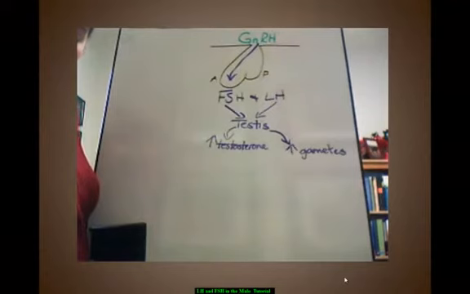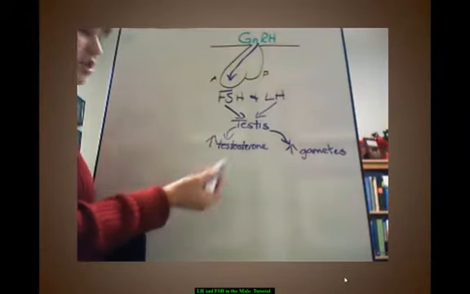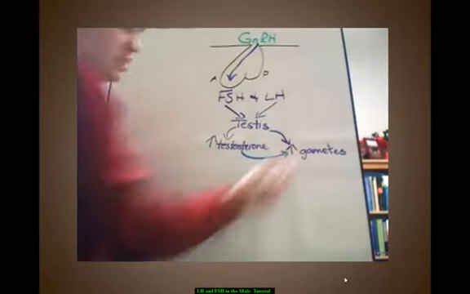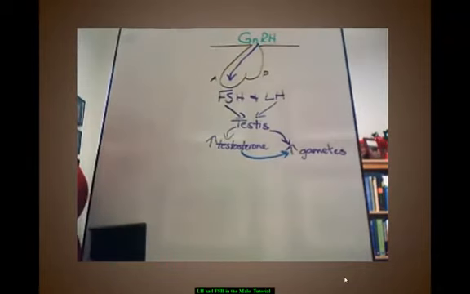Now, it's important to note that sperm production is partially dependent upon testosterone function, so the testosterone itself will also cause the formation of gametes. Interestingly enough, there is a paracrine signal in the testes. Now, a paracrine signal is a hormone signal that has a direct effect on the tissue from which it was released.